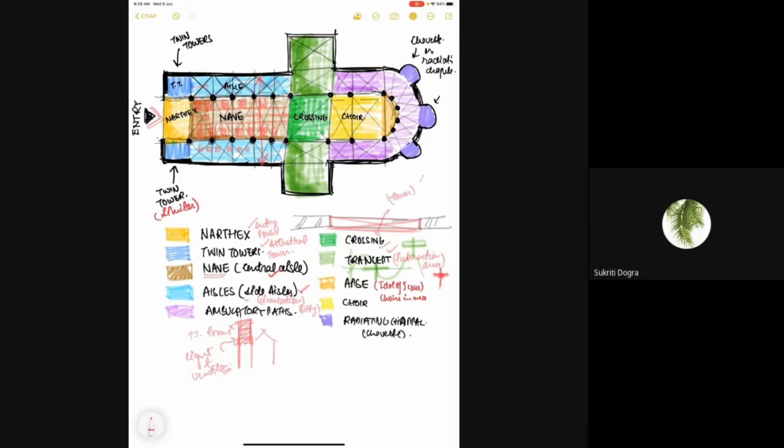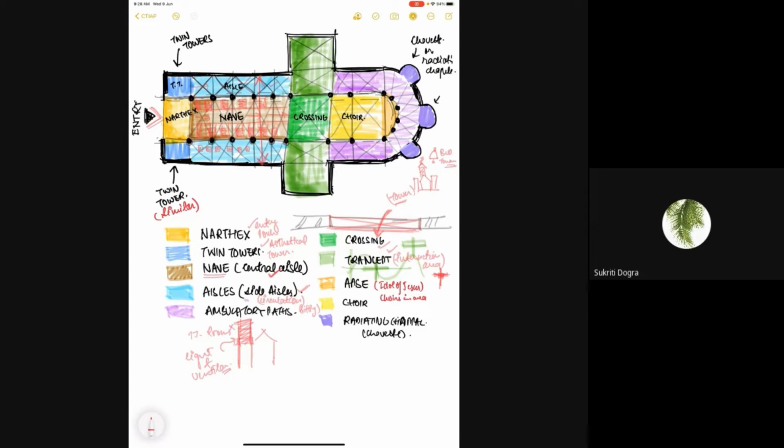Suppose the church is something like this, you have twin towers installed here. In the plan, you will have a central tower which carries the maximum height, and this one is installed over your actual crossing. Over the crossing, this tower was installed, and sometimes it also used to have a bell. That's why it was also called a bell tower in some of the churches.